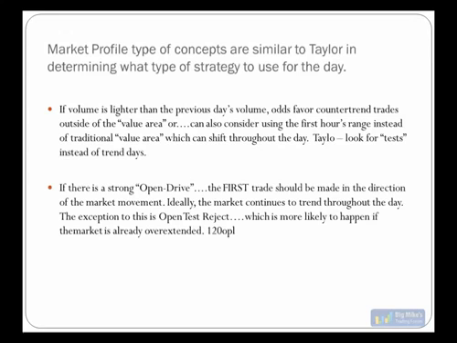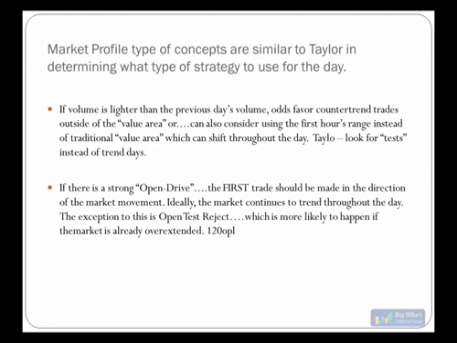But let's just look at a couple things now with real-world application, okay? Because the market profile types of concepts are so similar to Taylor. The first is that volume is a very significant component, as you know, because of that higher time frame player around.